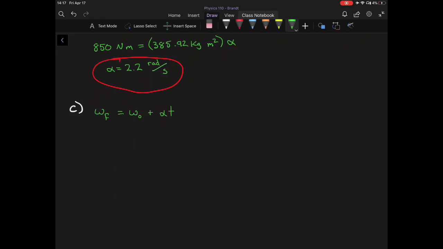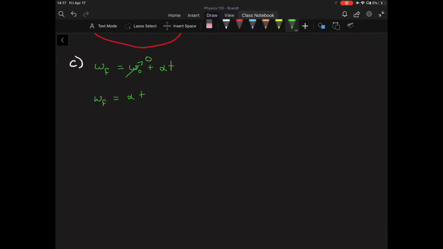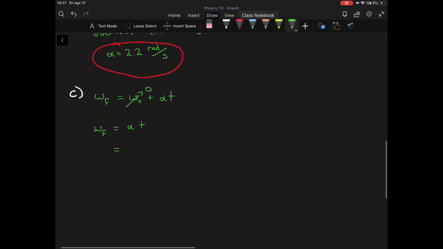We know we are starting from rest, so omega initial goes to 0, and that gives us omega final is just alpha times t.